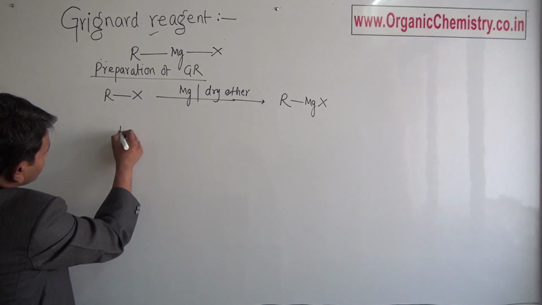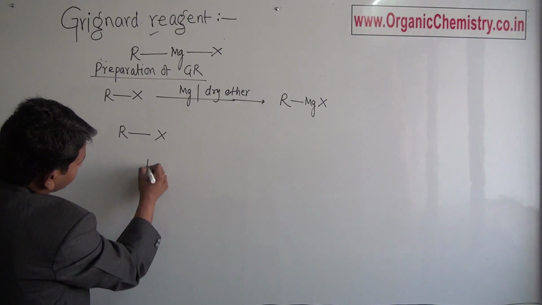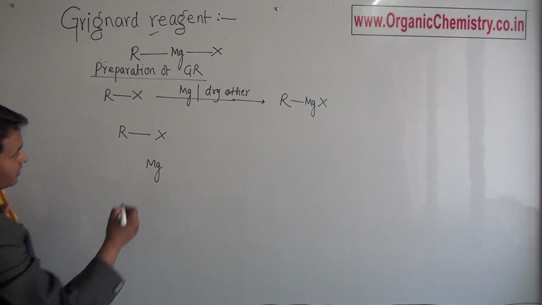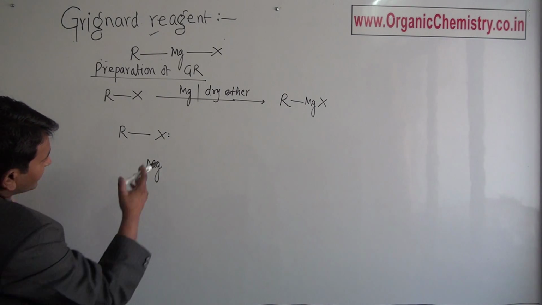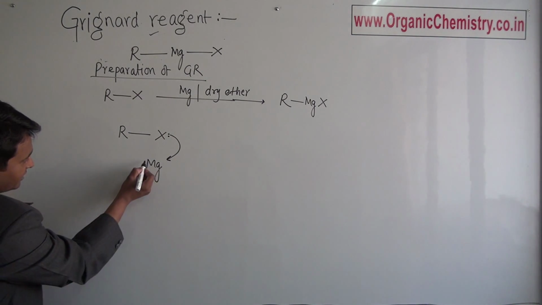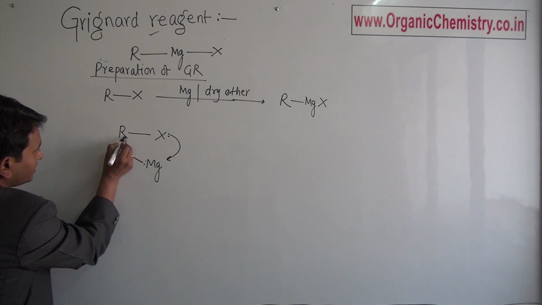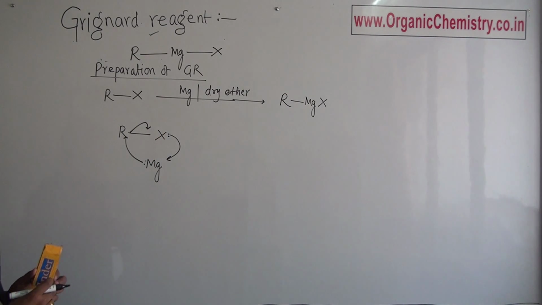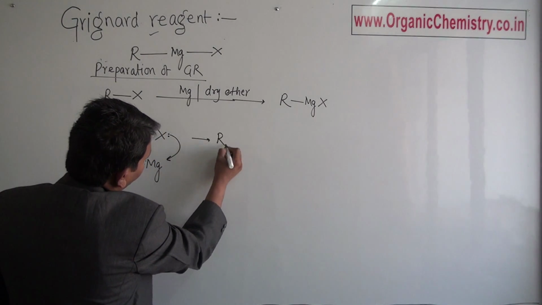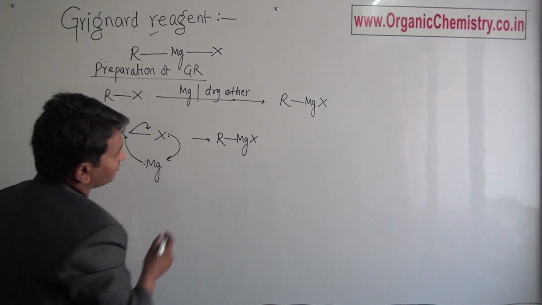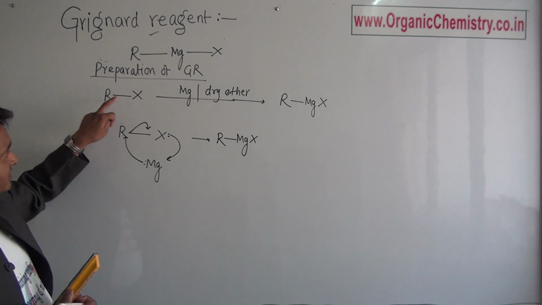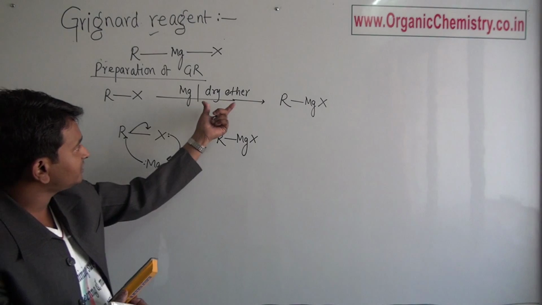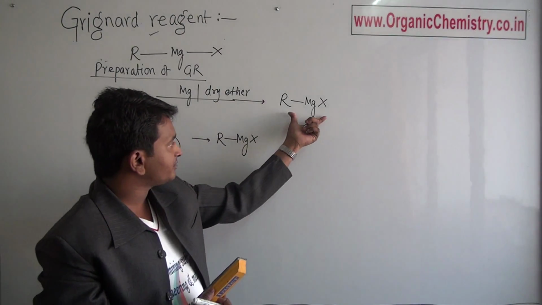The mechanism is: this is RX, this is magnesium. A lone pair of electrons of halogen attacks magnesium, and an electron of magnesium attacks carbon and breaks this bond, and finally RMgX is obtained. So in the preparation of GR, alkyl halide is treated with magnesium in dry ether, and RMgX is obtained.